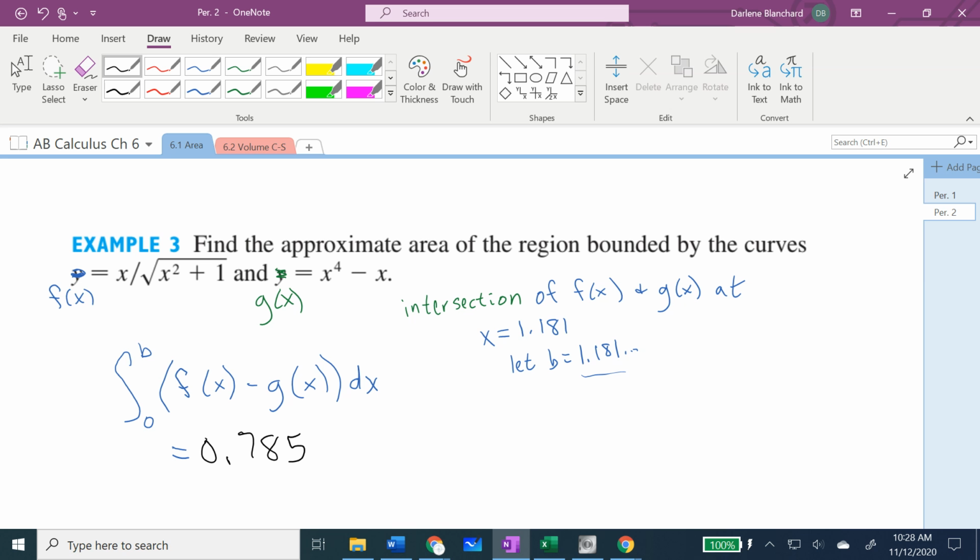And then I'm going to put in my 0 to B. So I push alpha, B.